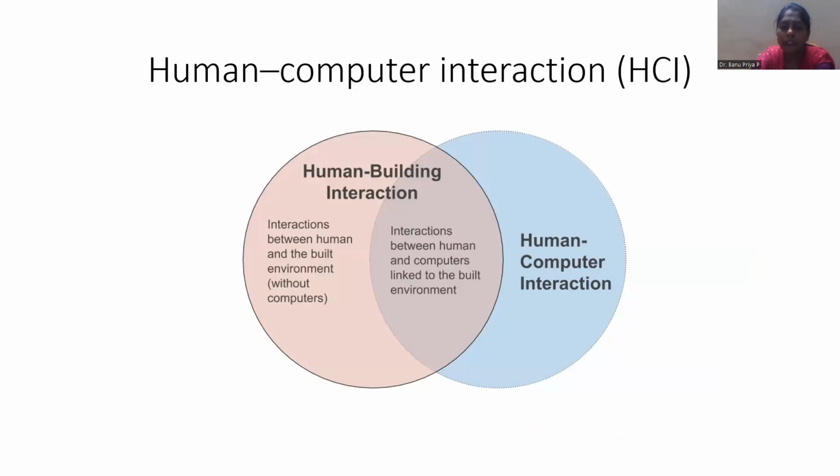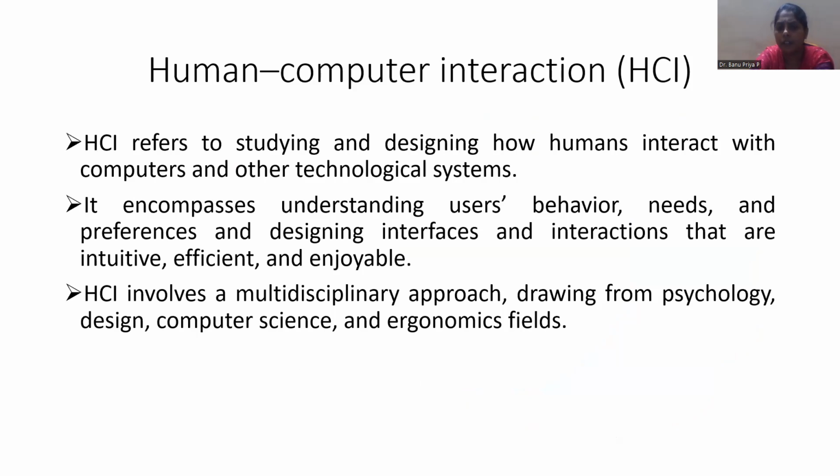So how is it happening? If you look at this figure, we have a human or a user and a computer or a system. The interaction between the human and the computer is linked directly or indirectly to build a beautiful environment. How is this environment built? Does it need behavioral needs, preferences, or interactional needs to be much more effective and enjoyable?